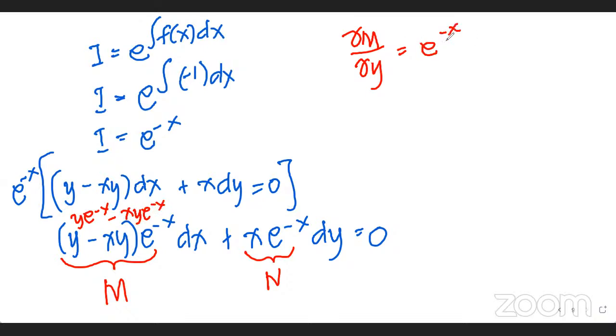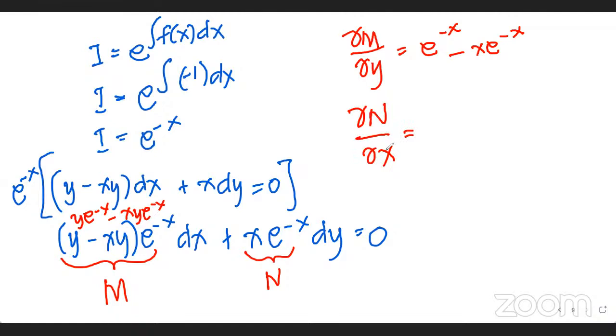Copyhin lang natin. Differentiate y with respect to y, so times 1 ka dyan. Sa pangalawang term naman, x is held constant, so you copy x e raised to negative x. Differentiate y with respect to y, so times 1. Now going to sa next term naman, so we take the partial derivative of n with respect to x.